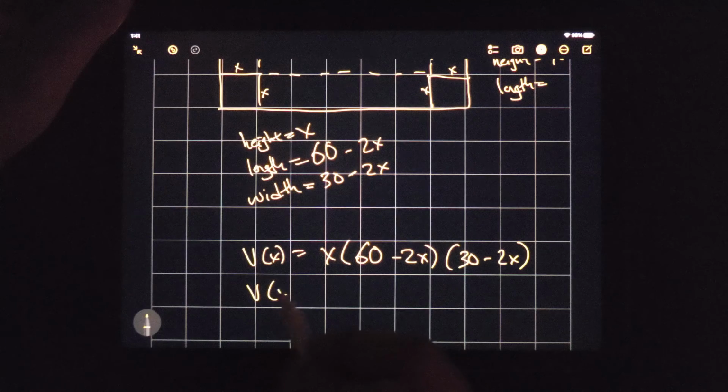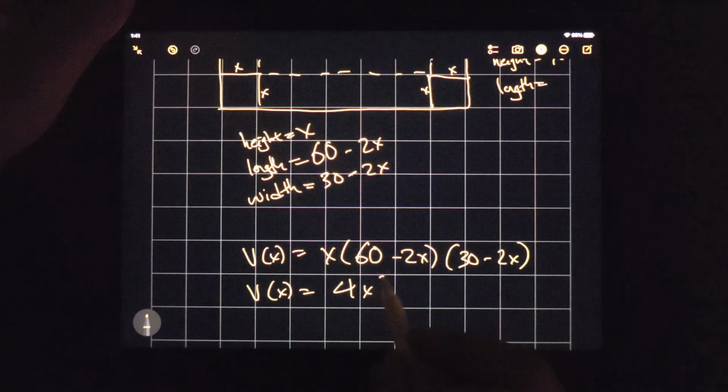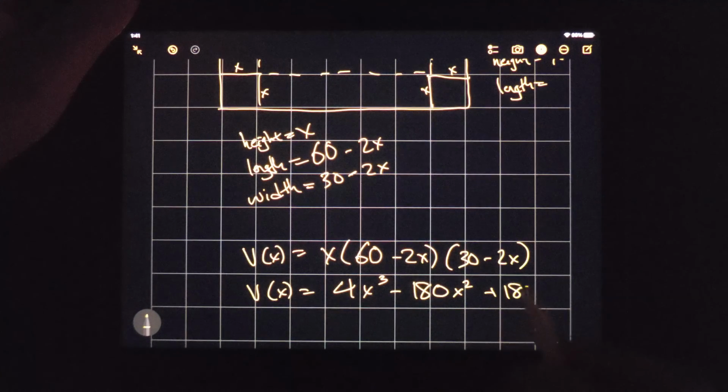And if we expand this, we can get 4x cubed minus 180x squared plus 1800x.